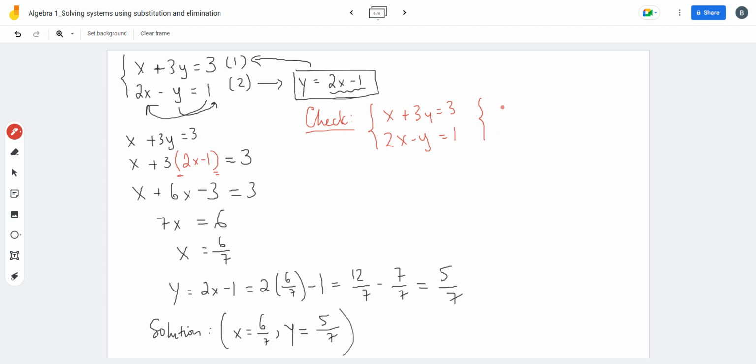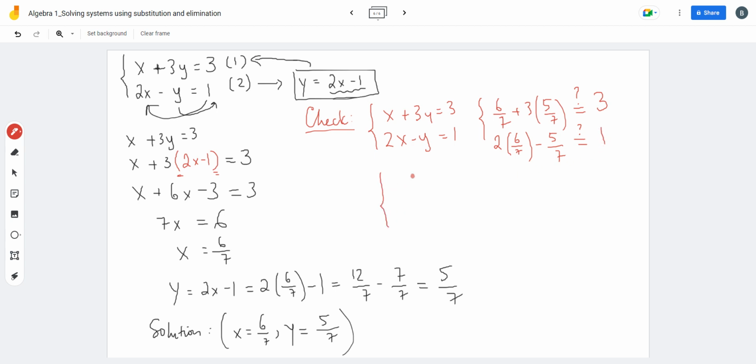So x is 6 over 7 plus 3y, y is 5 over 7. And again, you want to see whether this equals 3. And 2 times x, so x is 6 over 7, minus y, 5 over 7, sorry, and want to double check if this equals 1.